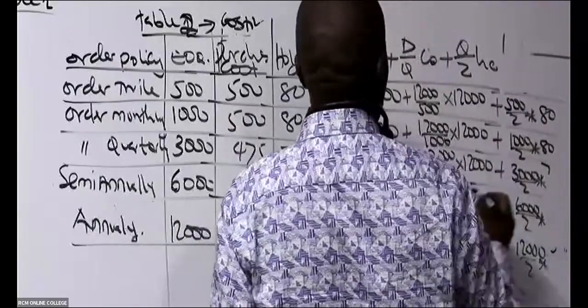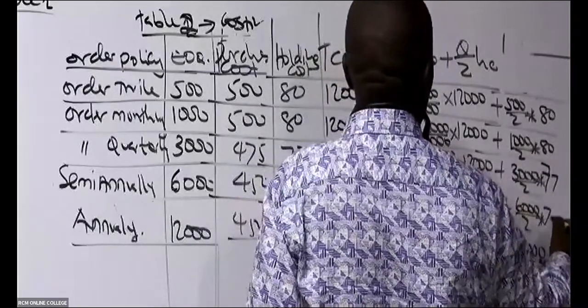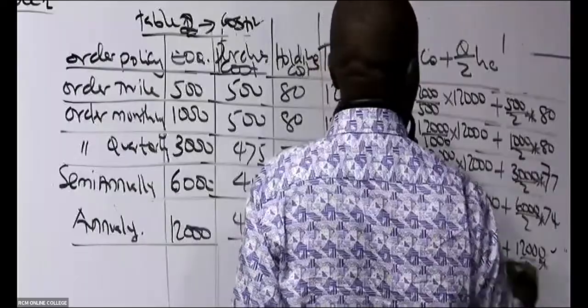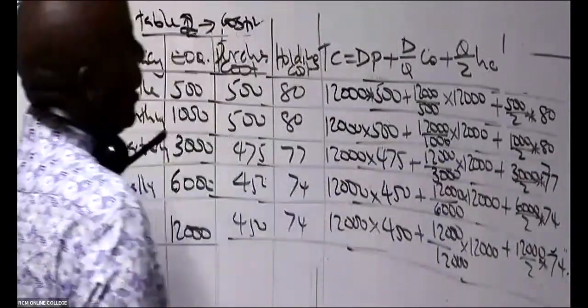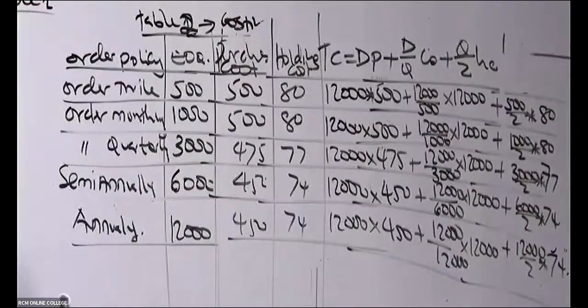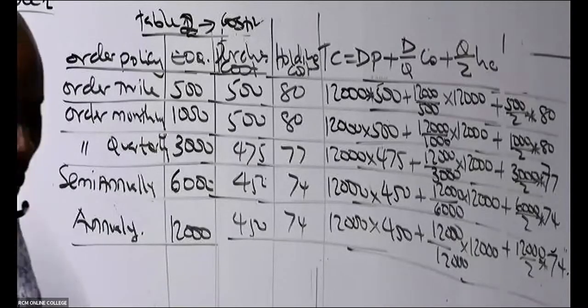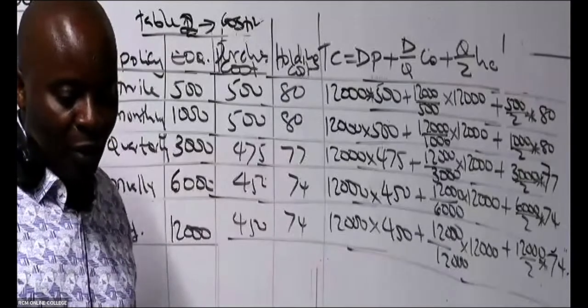Yeah, 77. 74. So please move slowly and give me the total cost for each one of them. So does it mean carrying cost plus the opportunity cost equals holding cost?